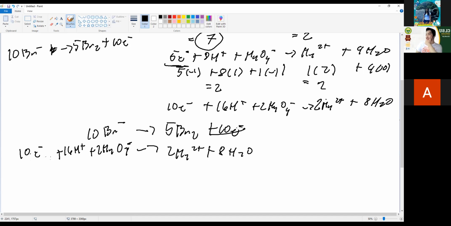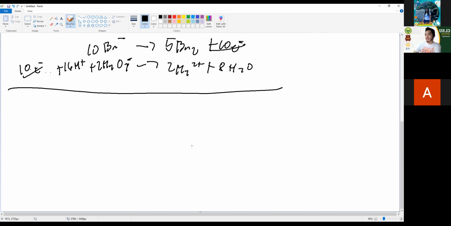So, cancel yung 10 electrons. Yan. Walang na-cancel na water, walang na-cancel na hydrogen. So, write natin as is. 16H plus 2MnO4 negative plus 10 Br negative will yield 5 Br2, baka malito kayo.